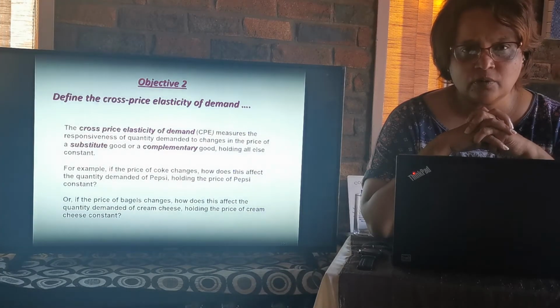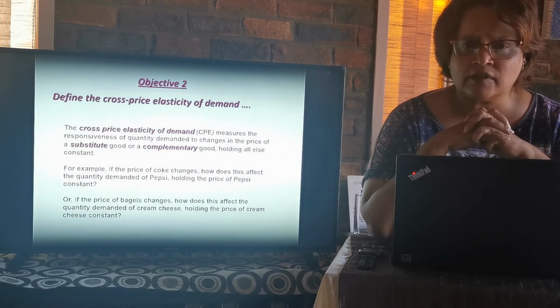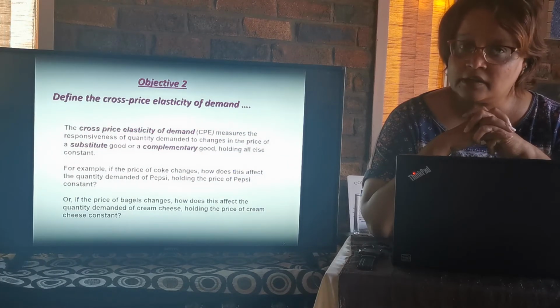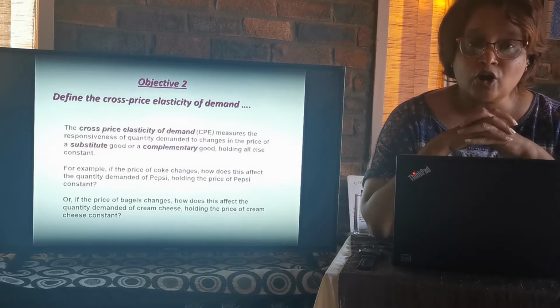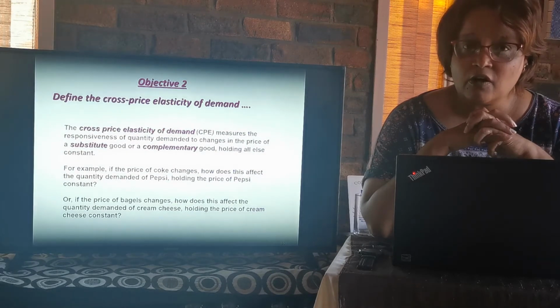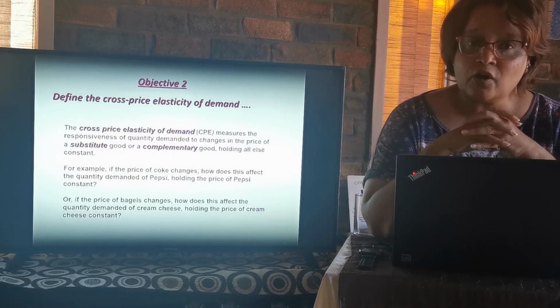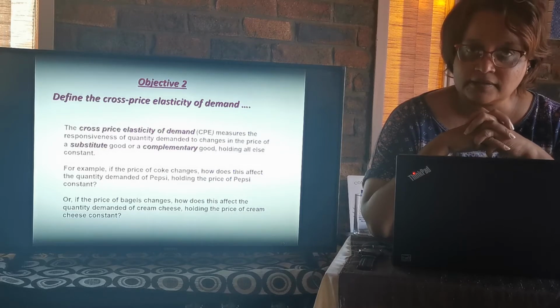The previous section we were looking at normal goods and inferior goods as to how elasticity of the income determined the quantity demanded. Now we're going to do cross-price elasticity, meaning the responsiveness of the quantity demanded of a substitute good and the quantity demanded of an inferior good as to how it is determined by the price.